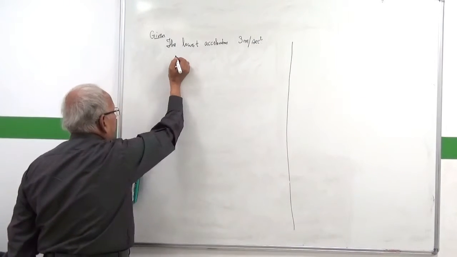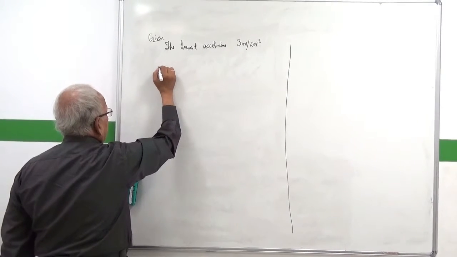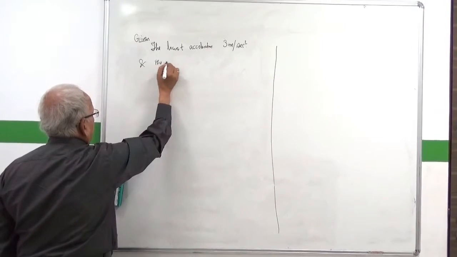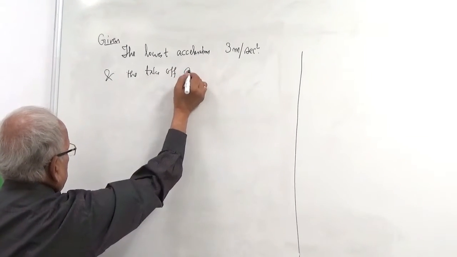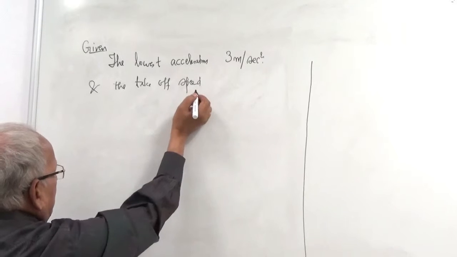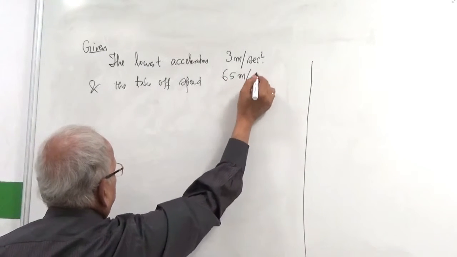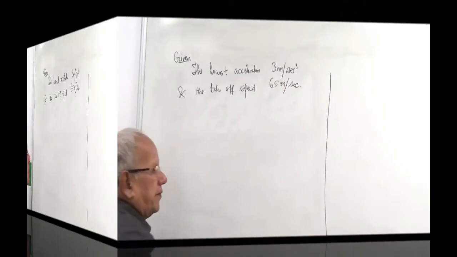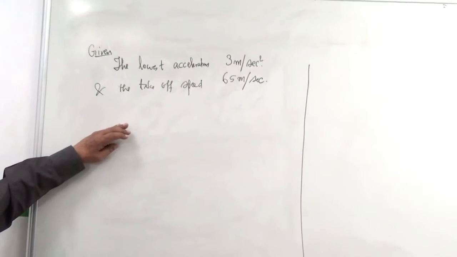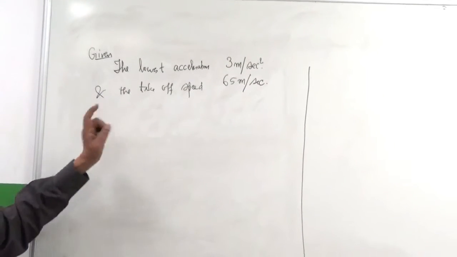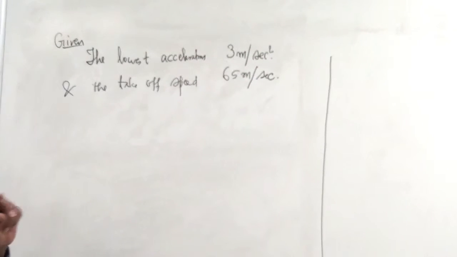And for the same plane, the takeoff speed or velocity is 65 meters per second. Lowest acceleration of all the planes that may use the airport is 3 meters per second square, and the takeoff speed is 65 meters per second.